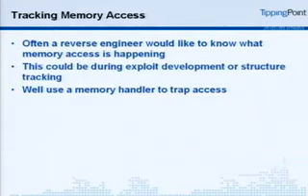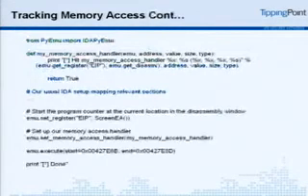And what we'll do is use a memory handler to trap access to segments of memory and whatnot and get notified. And you'll see that you also get provided the address, what is at that memory location, and whether it's a read or write. So to do that, I set up a memory handler, set a register, set a handler, and then I'll execute.